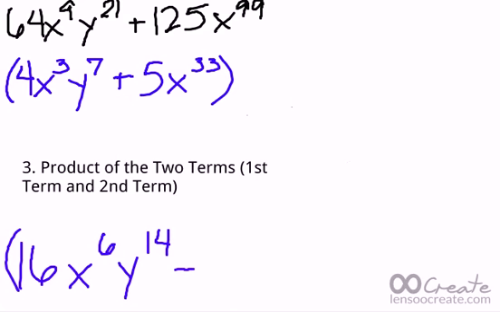The next step is to get the product of the two terms. So let's start with the whole numbers. 4 times 5 is equal to 20.